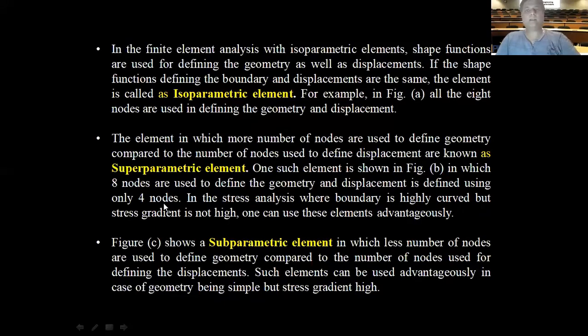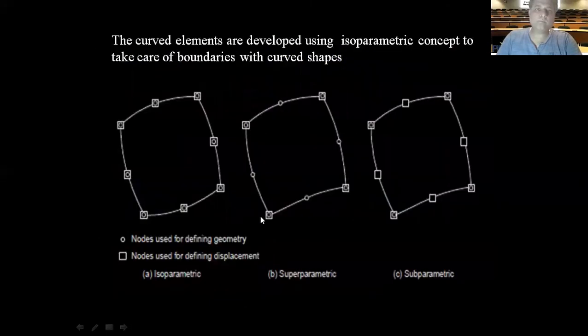But if you are trying to define the geometry and displacement with an uneven number of nodes, that is, if you are having more number of nodes to define the geometry than the number of nodes for defining the unknown or displacement, then it is called the superparametric element.